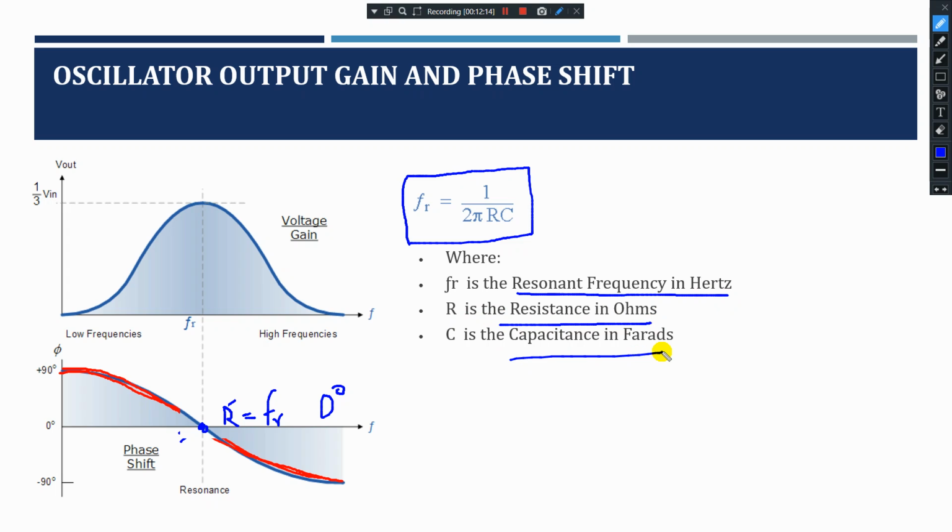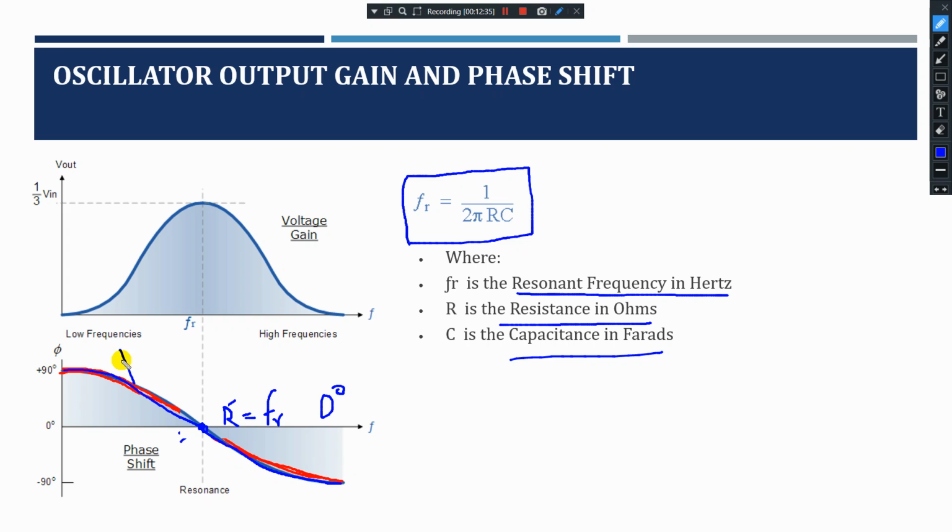So come back to the same thing. For low input frequencies, the phase angle is positive, and for high frequencies, the phase angle changes and goes negative.